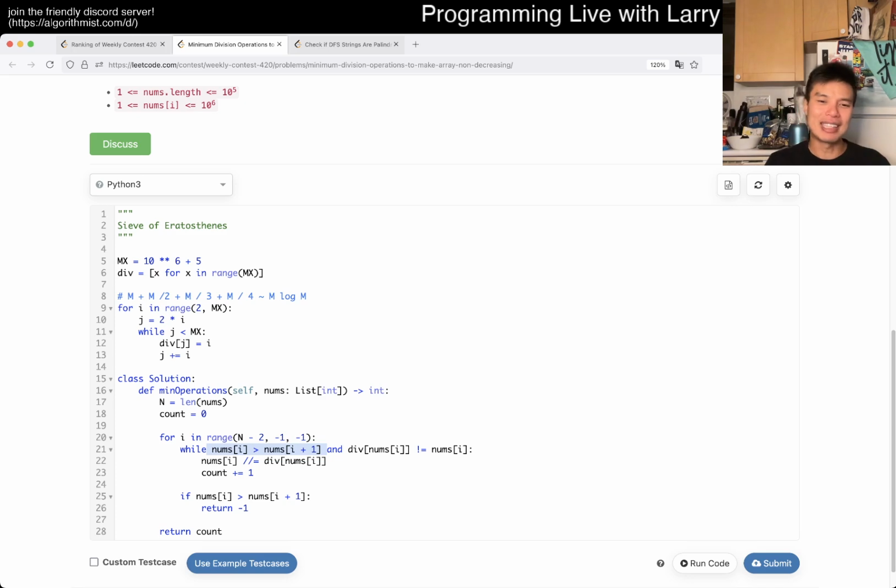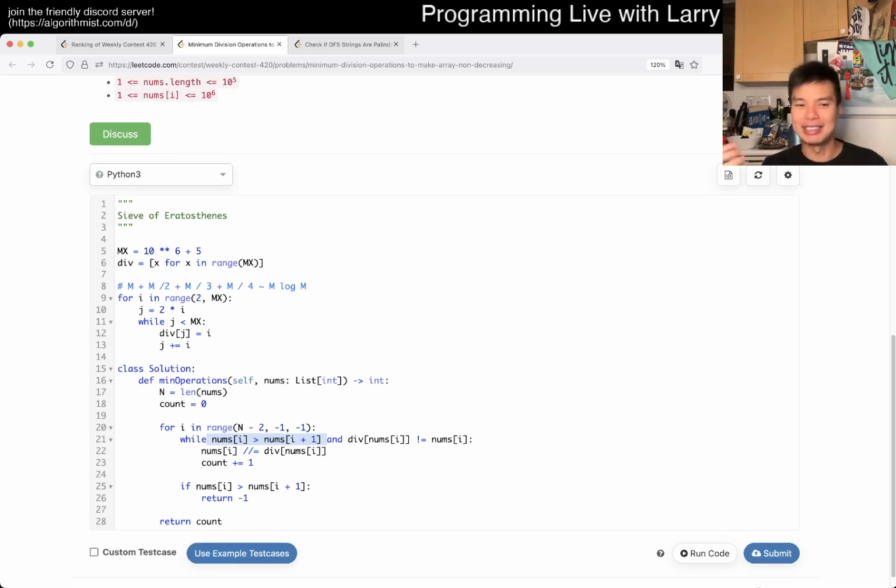Even if you just divide it by 2 every time, you'll divide by at least 2 every time. That means that this loop is at most 20, also logarithmic in the number of bits.